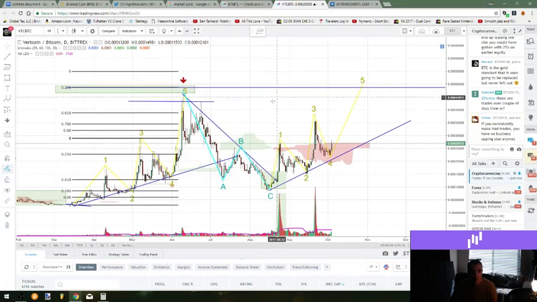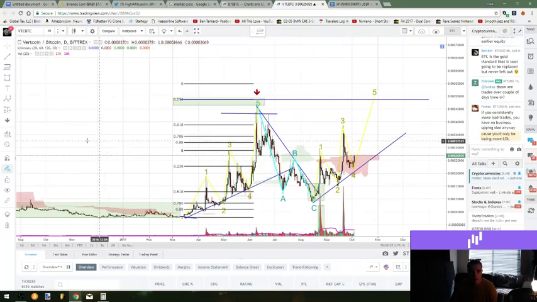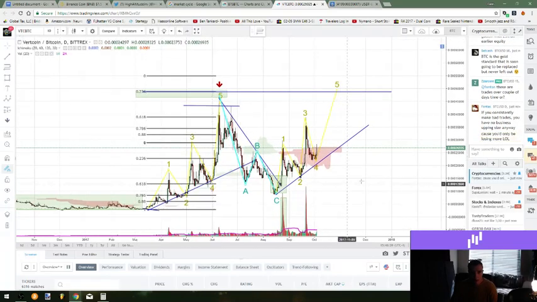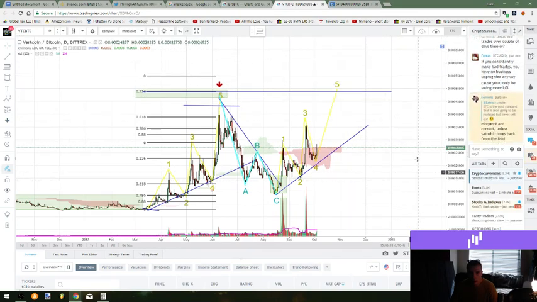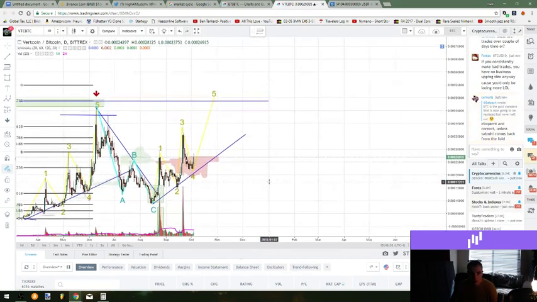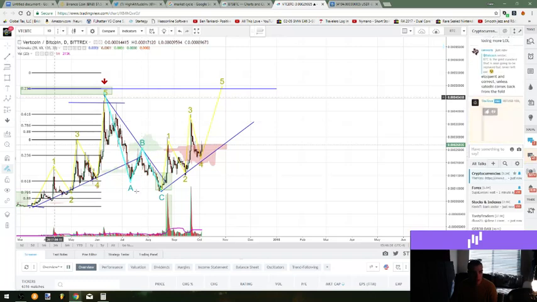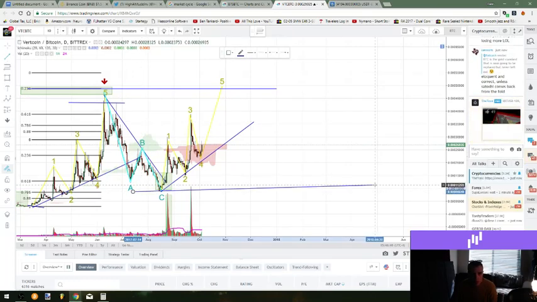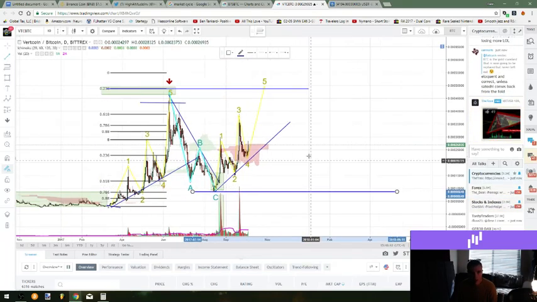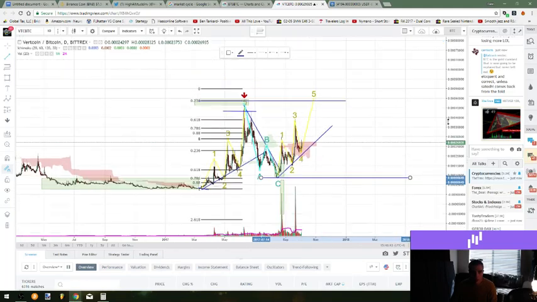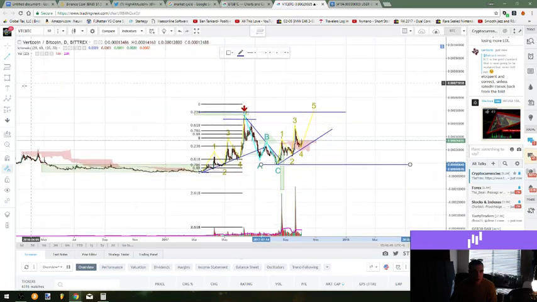So yeah, but overall Vertcoin after this, as long as we can hold on this lower trend line here, when we come back up out, it'll probably fall all the way back down to where it's at right now, somewhere here. I don't suspect it to go below this point. So you can actually use Elliott waves to calculate what this might do in the future too, because generally these wave sets look the same.